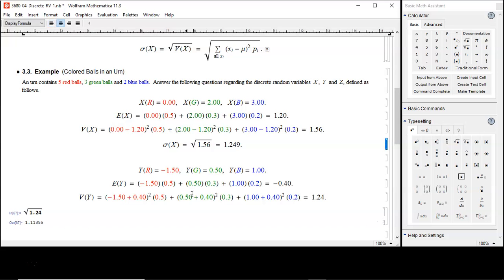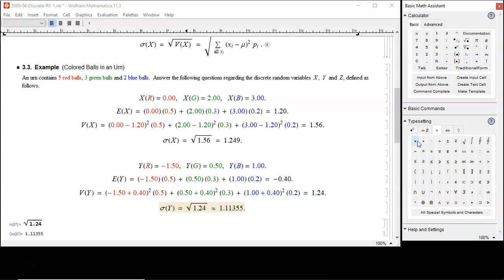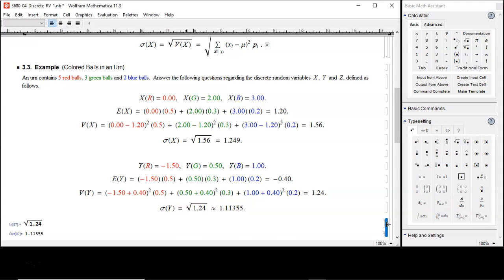That is my probability standard deviation. So that is the square root of 1.24, and that is approximately like that. Okay, all right.